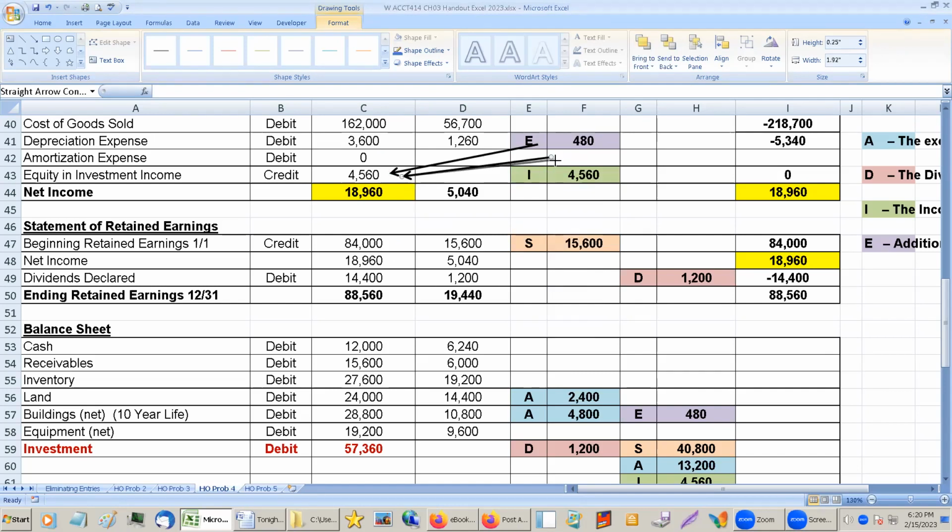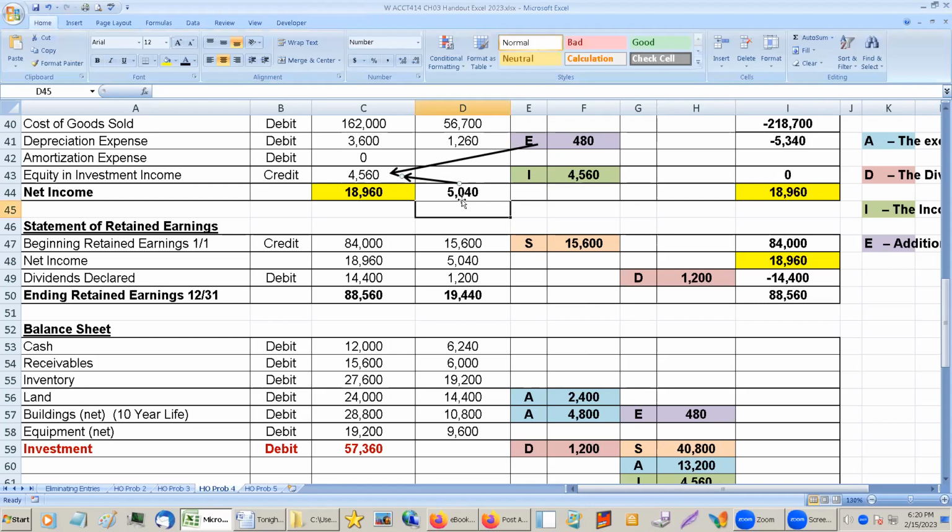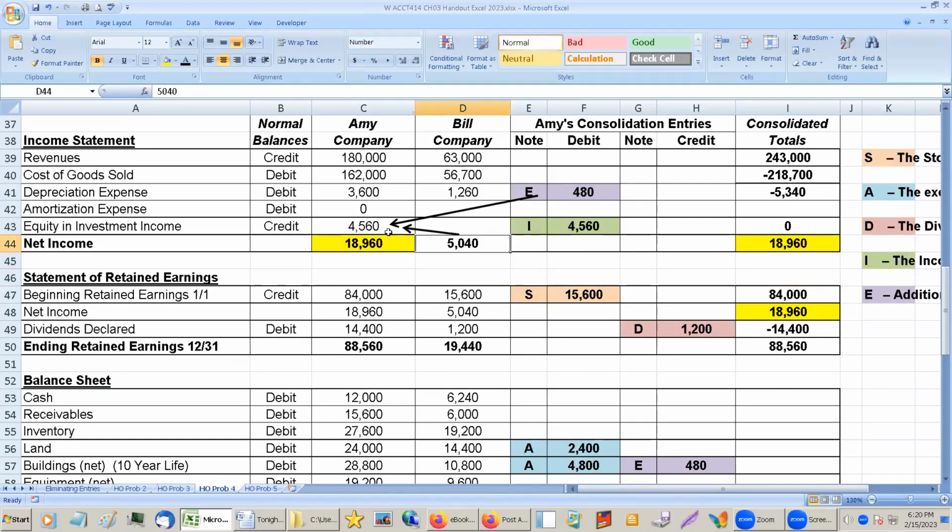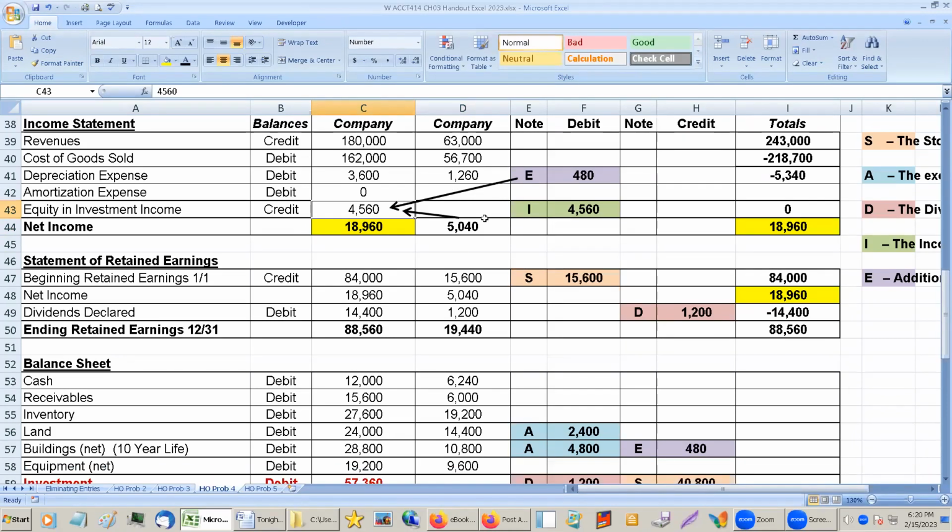So if you think about it, the income from the Bill company, this is 5,040. It's already included in there. We've taken off the 480. But this 4,560 is exactly the same income. It's just that we subtracted out the additional amount for excess assets.